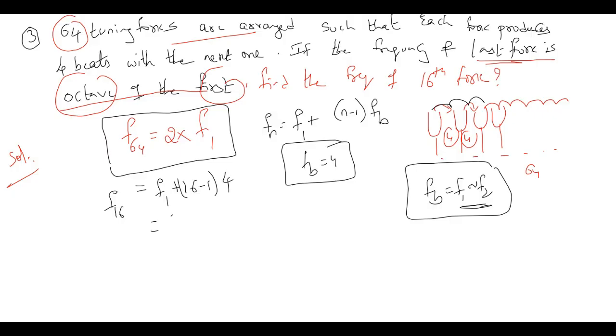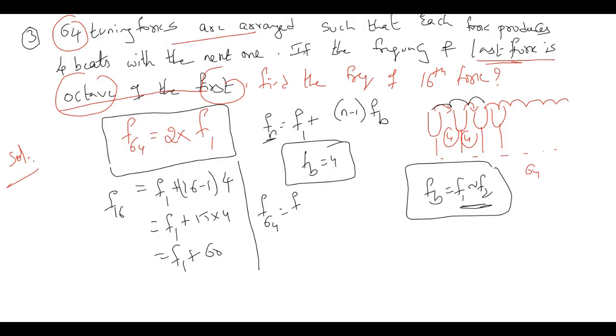So to get the value of this, we should know the F1 value. Yes or no? 5 4s are 20, 60. We should know F1 now. To find F1, in place of n, put 64, because 16 we need to find.